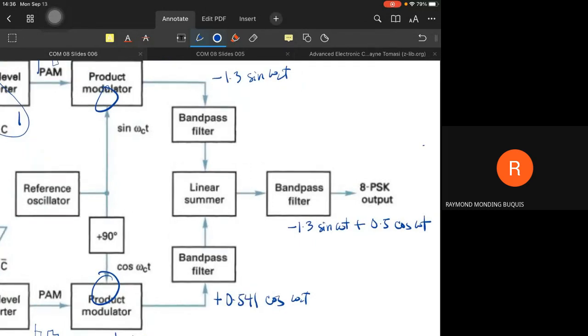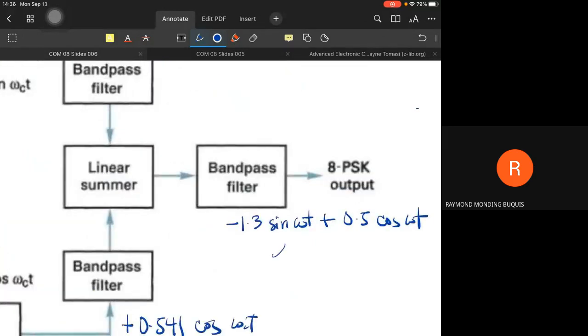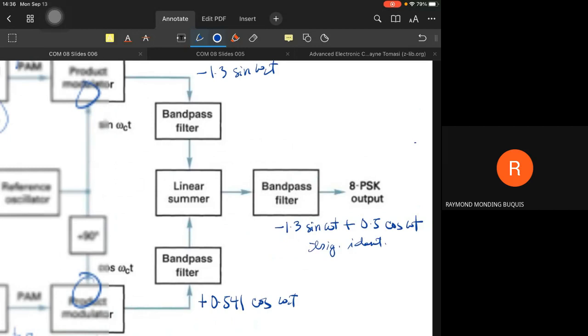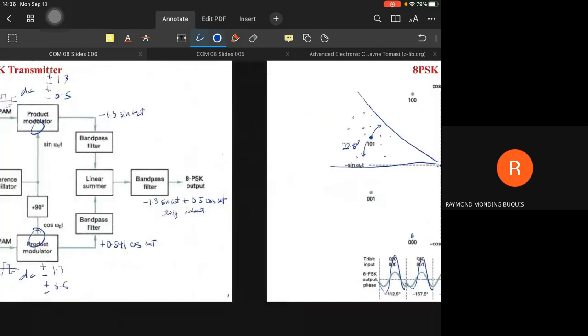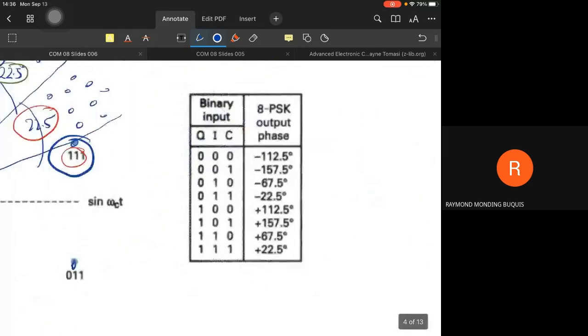Kung kinahanglan ta mo gamit og mga trigonometric identities, same as before, para makuha nato ang tagsa-tagsa kani, no? Kani nga mga phase. So 101 is this one, no? 157.5.